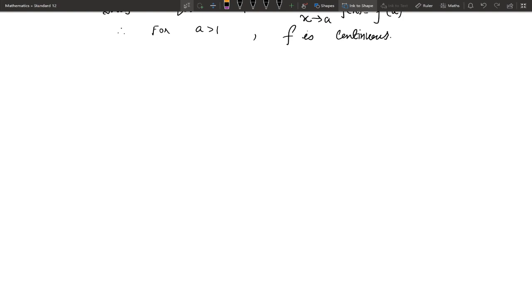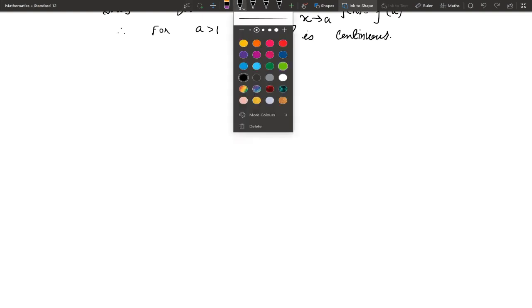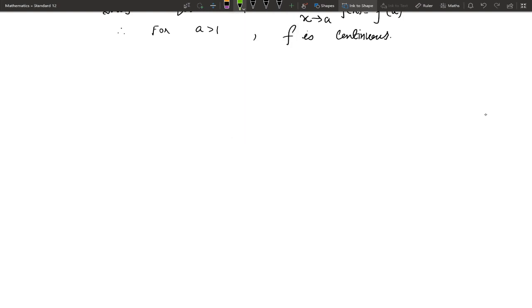First we will define derivative of a function. So in this we will discuss what is differentiability.